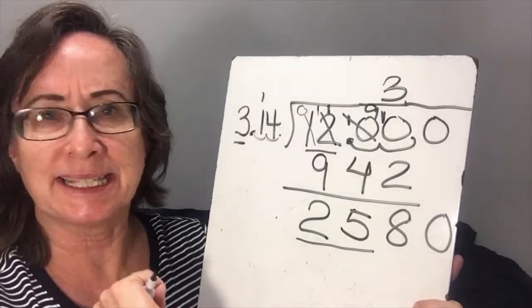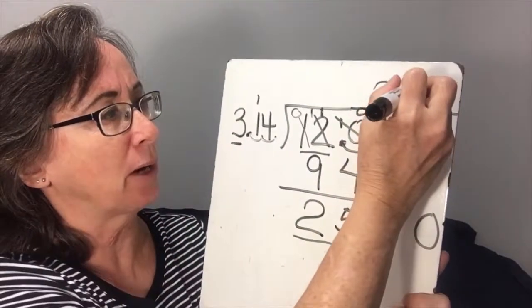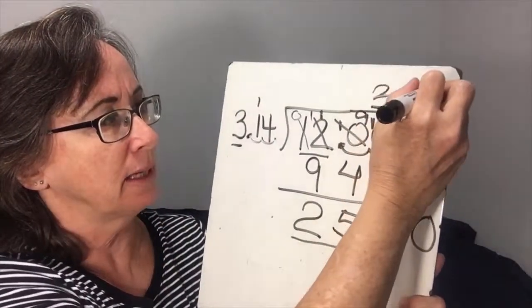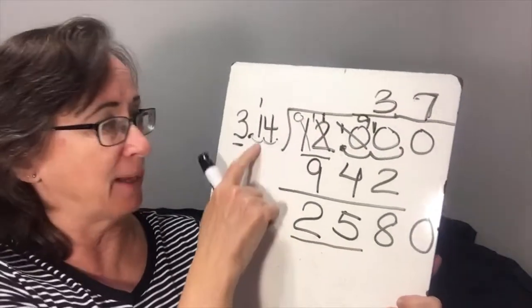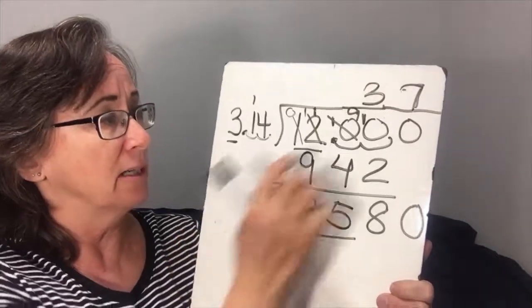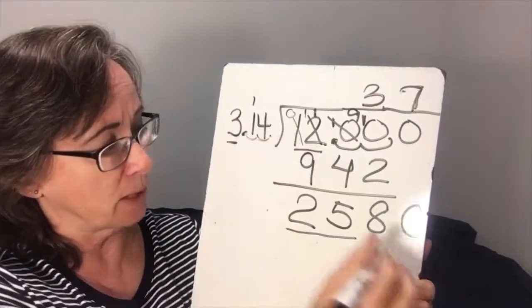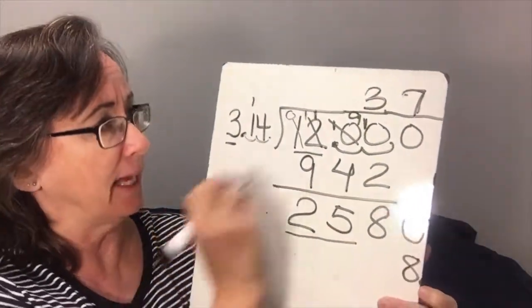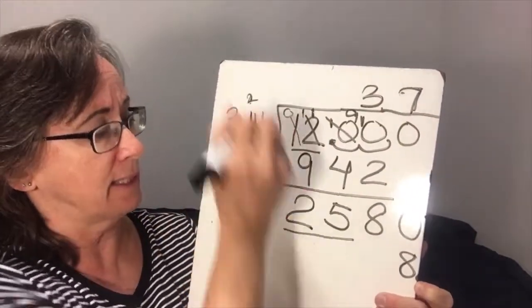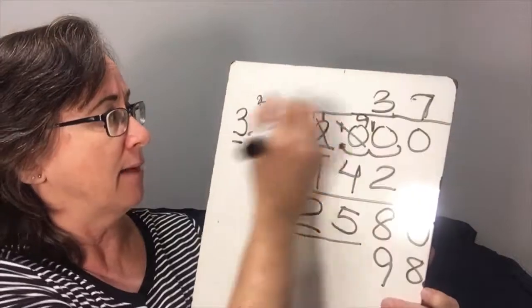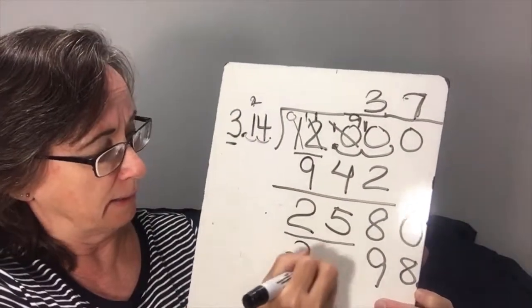I'm going to guess 7 here. So we're going to say approximately 7 times, because 3 into 25 would go 8 times, but I've got this little 14 here. So let's try 7. 7 times 4 is 28. So we'll put down the 8, carry the 2. 7 times 1 is 7 plus 2 is 9. 7 times 3 is 21.